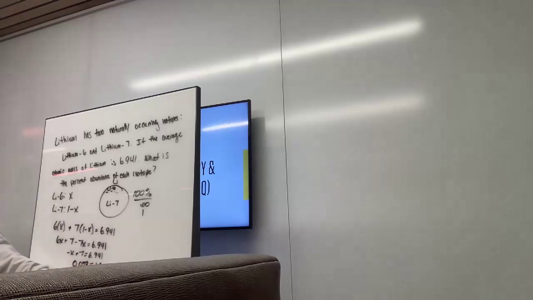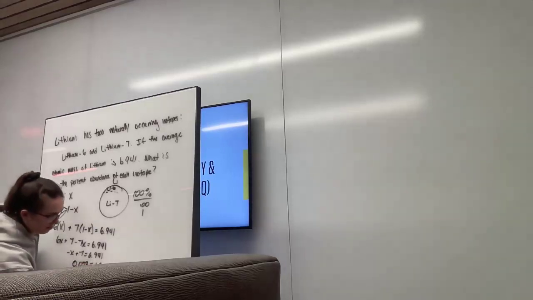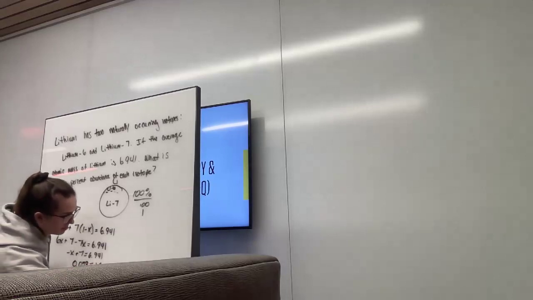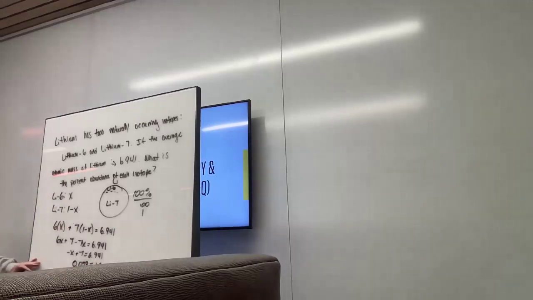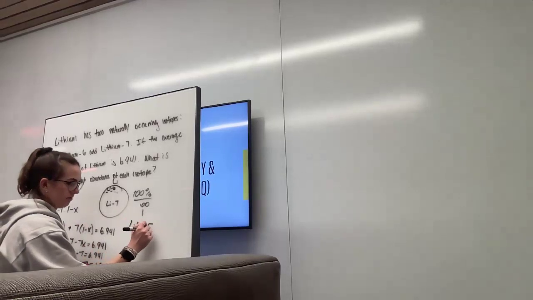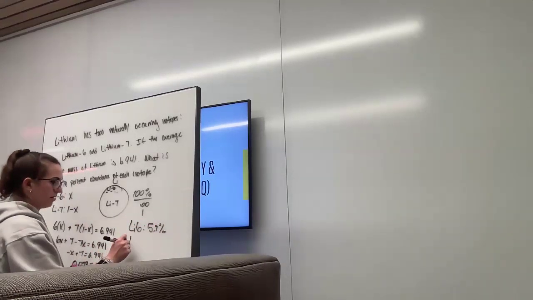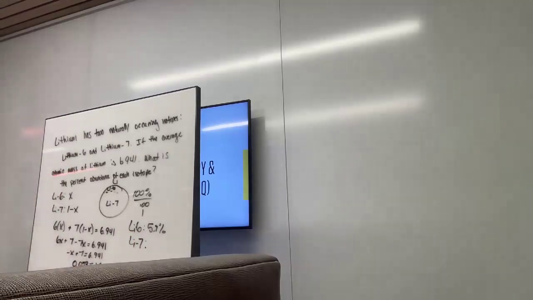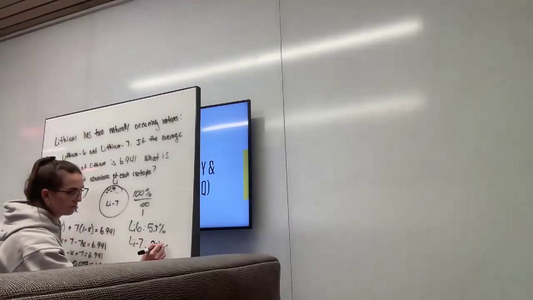So this gives us our percent. We need to multiply it by 100 to get to a percentage, so we get 5.9%. And what isotope does that relate to? Lithium 6, right? So lithium 6 is 5.9%, where lithium 7 is 100 minus that. 100 minus 5.9 would be 94.1.